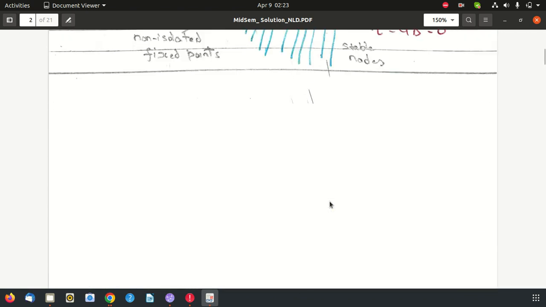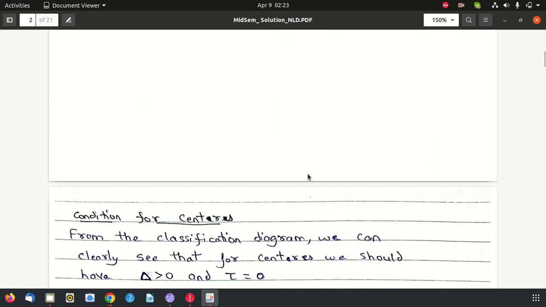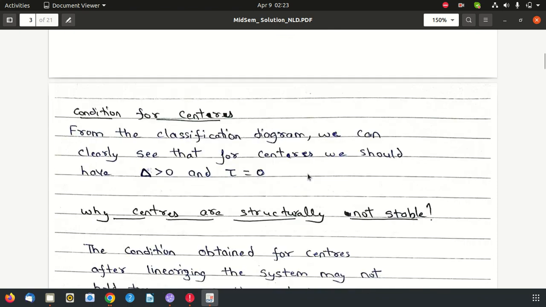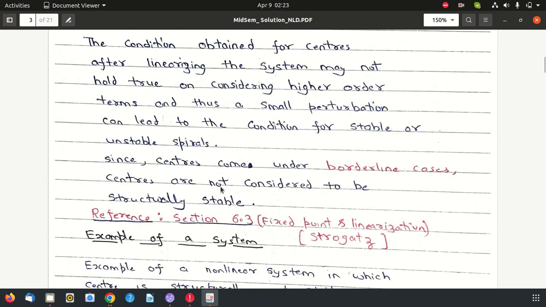So nonlinear centers are not considered to be structurally stable. For more, you can look at section 6.3 in Strogatz, fixed points and linearization.